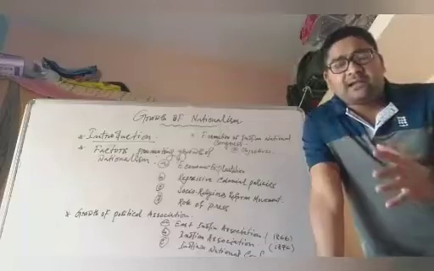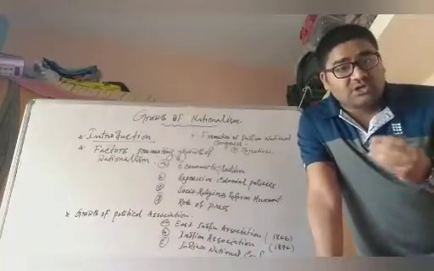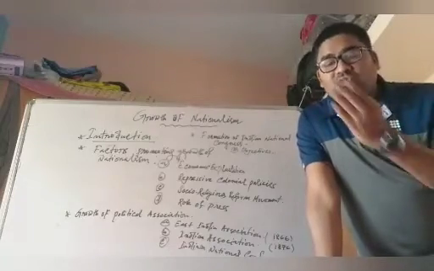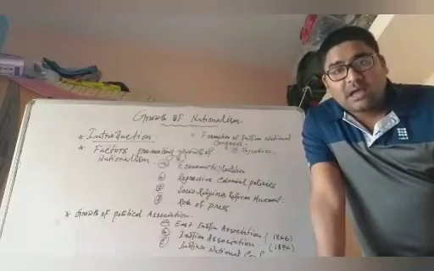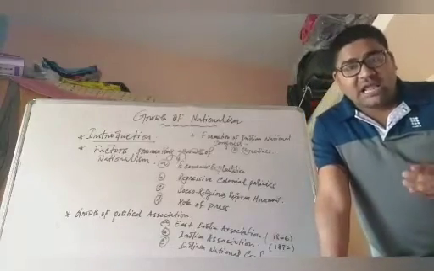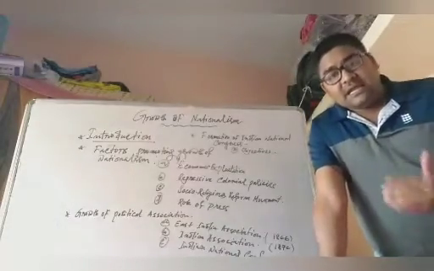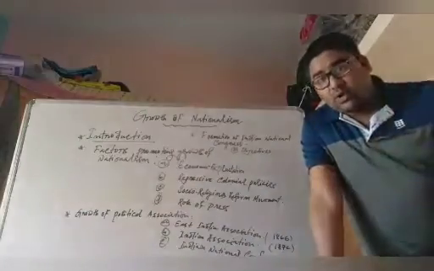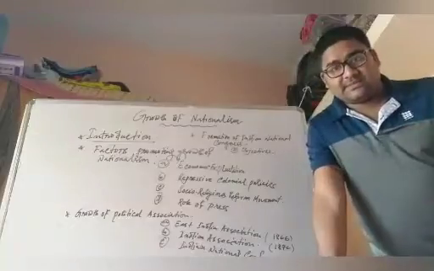There were many factors that aroused opposition to British rule, but economic exploitation was the most important among them. Indians realized that the general aim of British policy in India was to promote their own interest at the cost of Indians.